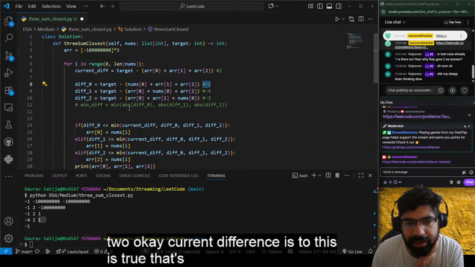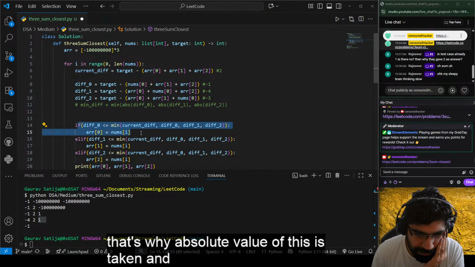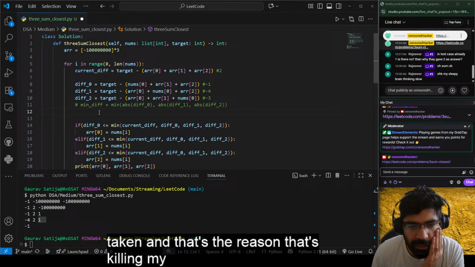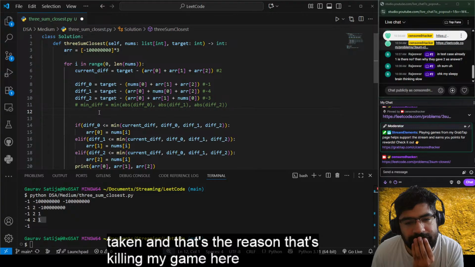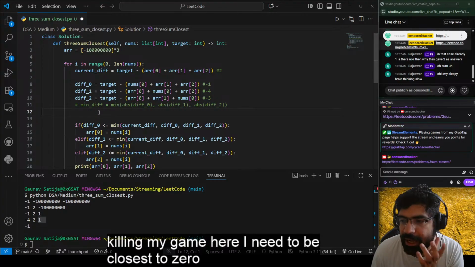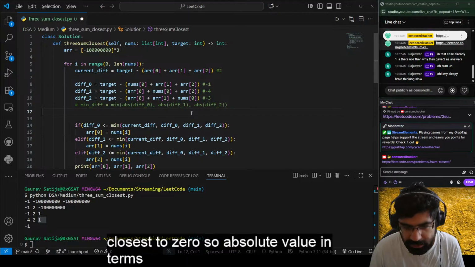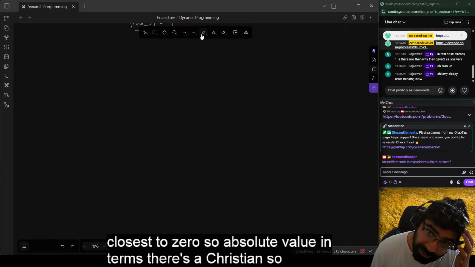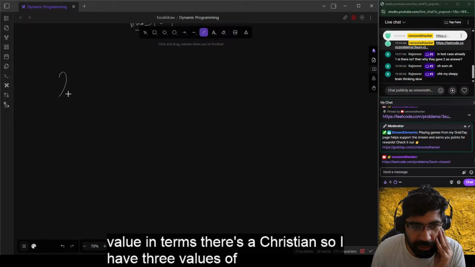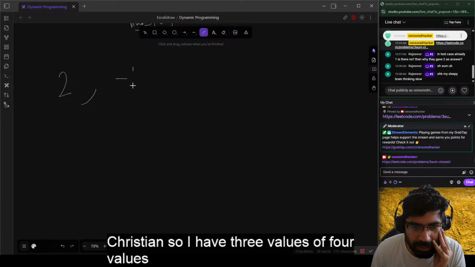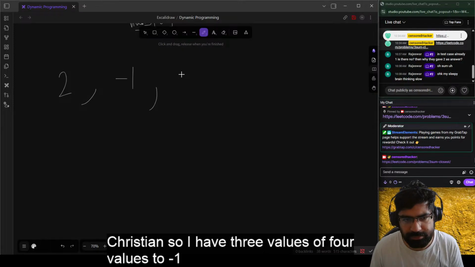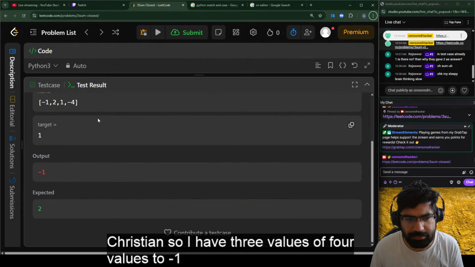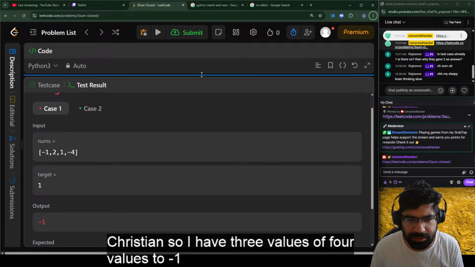That's why absolute value of this is taken, and that's the reason that's killing my game here. I need to be closest to 0. So absolute value in terms, where's opacity? So I have 3 values or 4 values, 2, -1, closest to target.